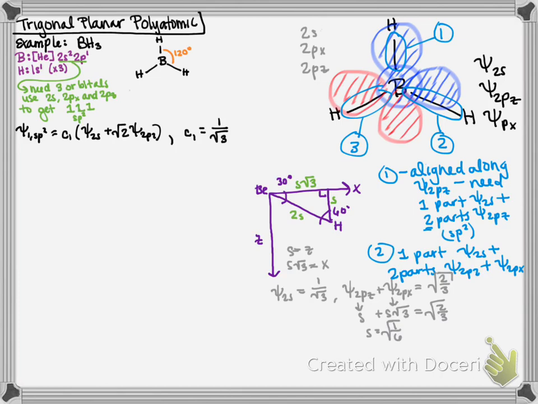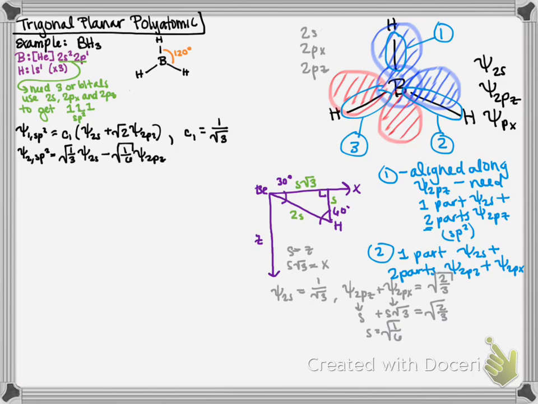If we look at the 30, 60, 90 triangle ratios along the x and z axis, we'll see that s should be square root of 1 over 6, which means our z component has a constant in front of square root of 1 over 6, and our x component, our psi 2px, will have square root of 1 over 6 times the square root of 3, or the square root of 1/2 out front.